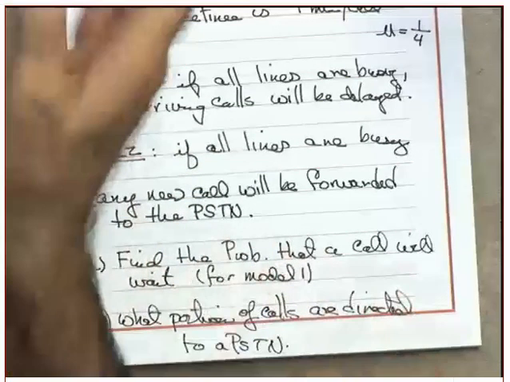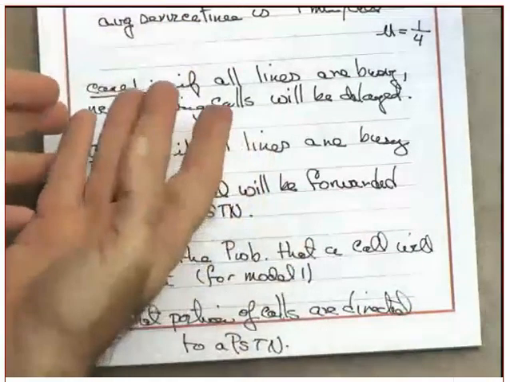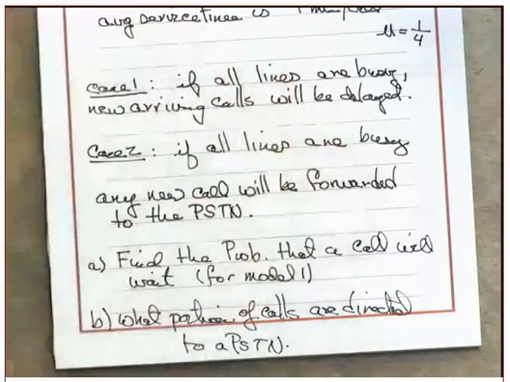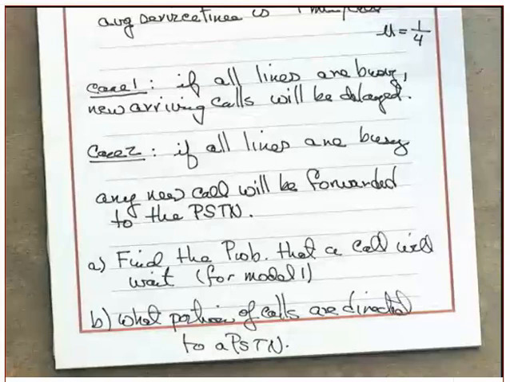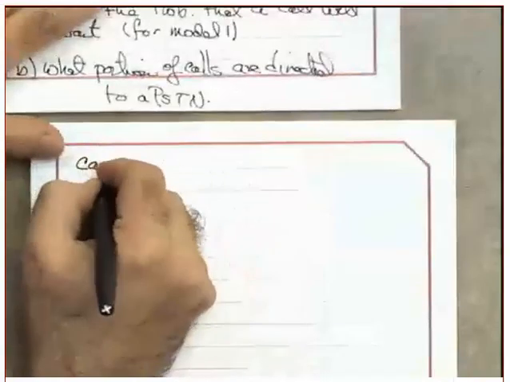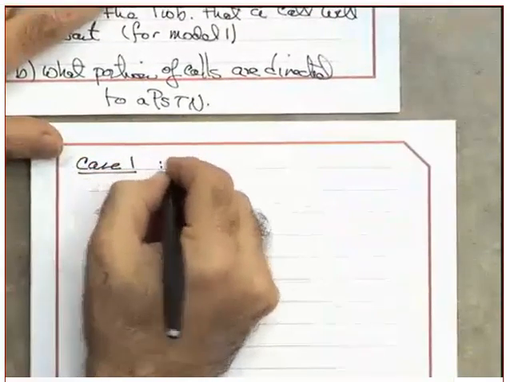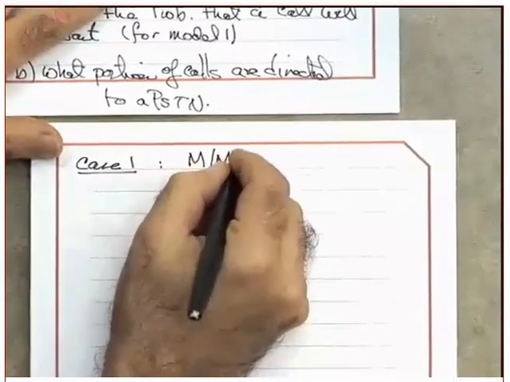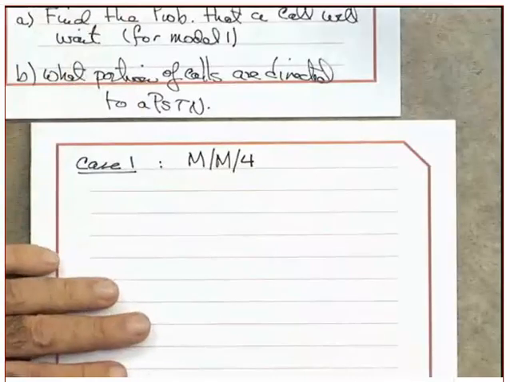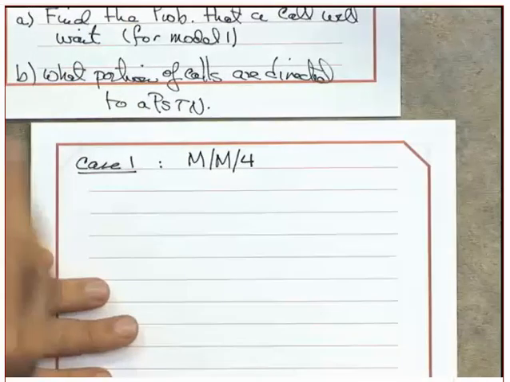The model. And that is the same in the midterm. I'm not going to give you the model such that you just plug in and that's it. Clear? Tell me, what is the first model? Case 1 is what? No. MM4.